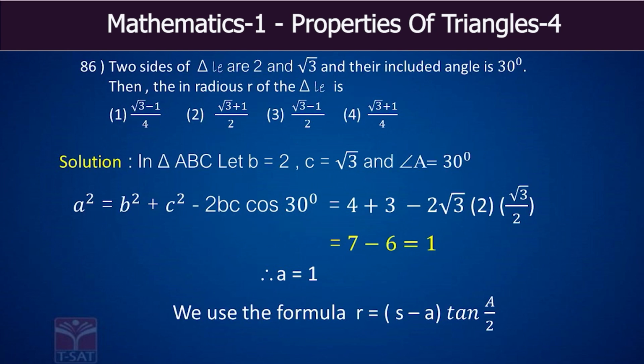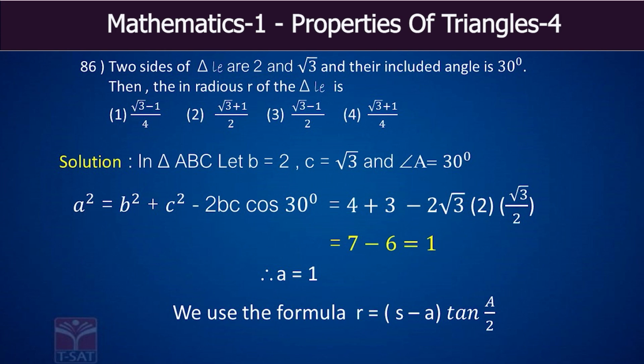86. Two sides of a triangle are 2 and √3, and their included angle is 30 degrees. Then the inradius of the triangle is: 1, √3 minus 1 by delta; 2, √3 minus 1 by 4; 3, √3 plus 1 by 2; 4, √3 minus 1 by 2; and so on.